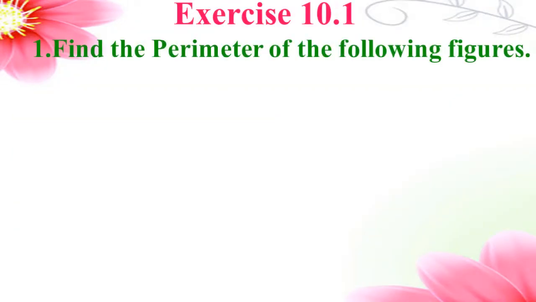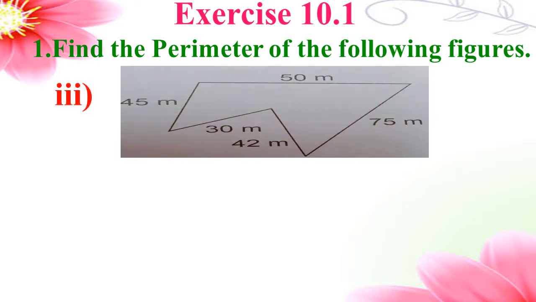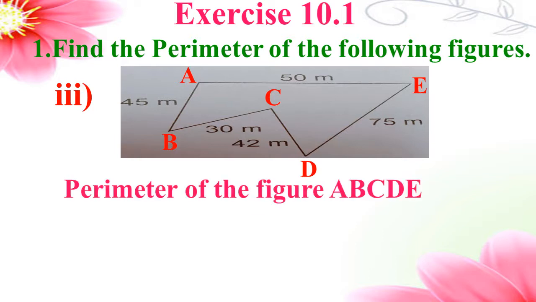So let us see exercise problems. Exercise 10.1, the first problem. Find the perimeter of the following figures. Here the sides are AB, BC, CD, DE and EA. So we already know perimeter means sum of all sides.